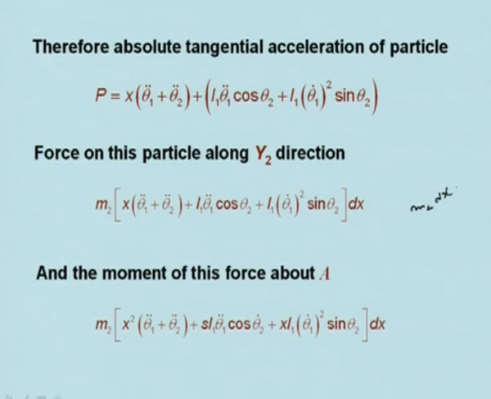And the moment of this force about A is obtained by multiplying by the perpendicular distance x. So it becomes m2 x square theta 1 dot dot plus theta 2 dot dot, plus x times L1 theta 1 dot dot cos theta 2, plus x times L1 theta 1 dot square sin theta 2, into dx.